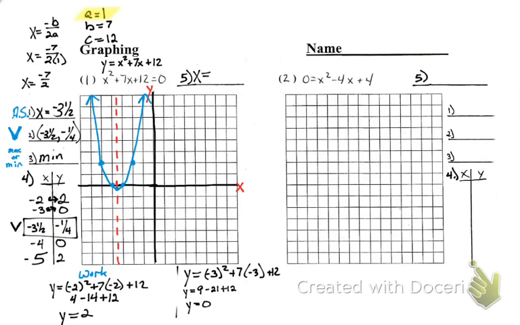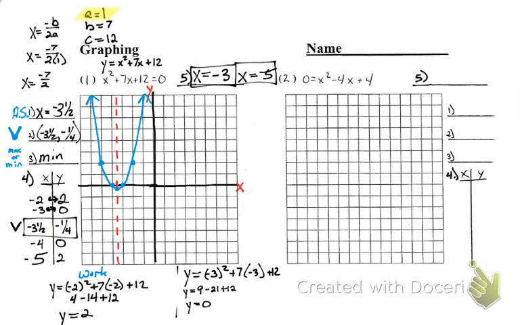So like right here we have negative 3 comma 0, so x equals negative 3, and then x also equals this spot right here. So negative 3 and negative 5.